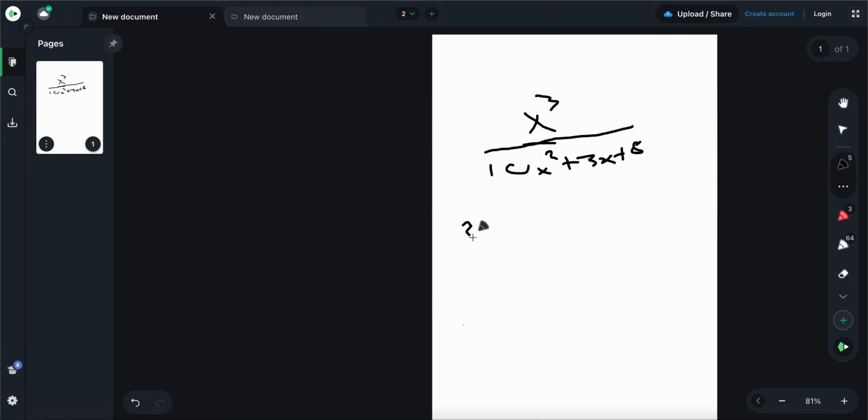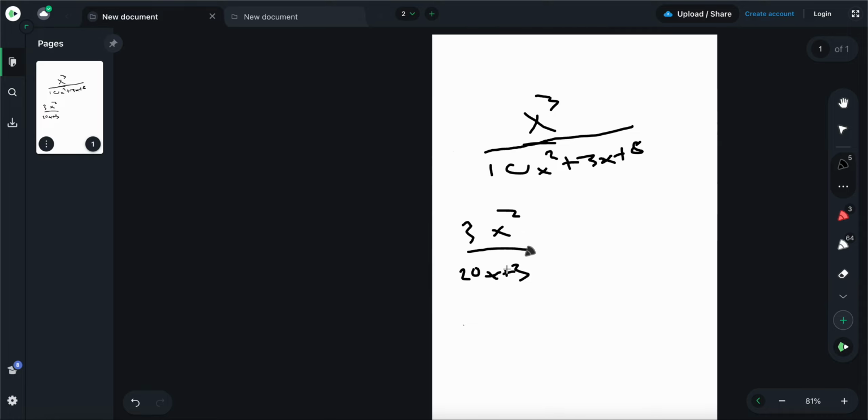We get 3x squared over 20x plus 3, and then the 8 evaluates to 0 when we take the derivative. So if we substitute in infinity for x, we still get 3 times infinity squared, that's infinity, over 20 times infinity plus 3, also infinity, so we get infinity over infinity again.